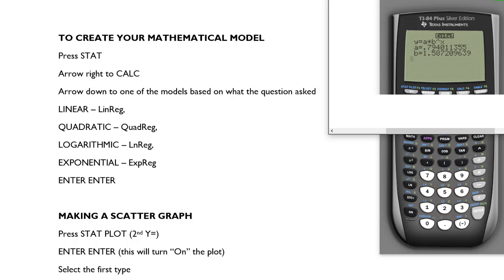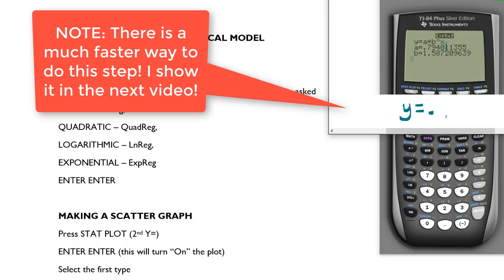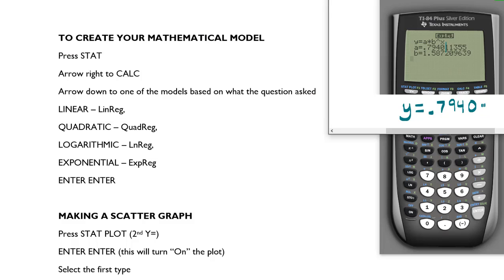And so my equation of the line, or the curve, would be y equals, A is 0.7940111355, but let's just go to 4 decimal places so that we do not have to type in all those values, and it will still be accurate enough. 0.7940, that's our A, times, and I'm just going to put in parentheses B, so B is 1.5872 raised to the X. That's the equation of the line.